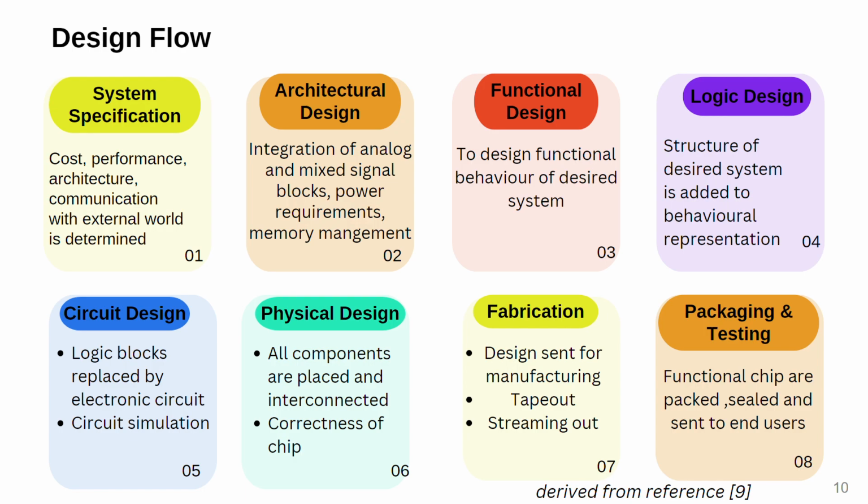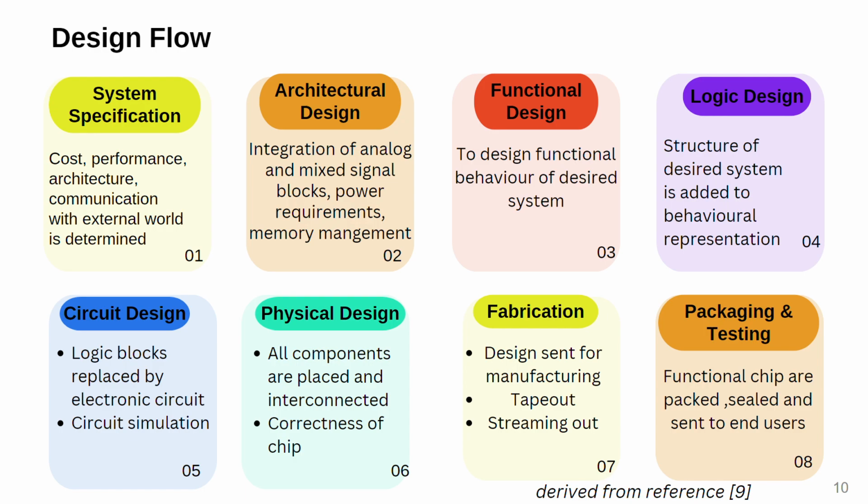And functional design consists of refining the system specification of the desired design in order to design the functional behavior of the desired system. The main objective is to generate a high performance architecture design within the cost requirements given by the specification.